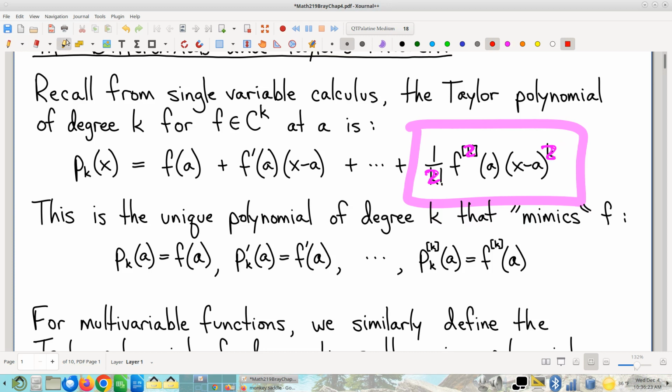Those having been replaced by 2's, 1/2 is always positive. X minus a quantity squared is always positive. So that doesn't decide it, and whether this term is positive or negative just comes down to looking at the second derivative. And that's why we have a second derivative test, by the way.